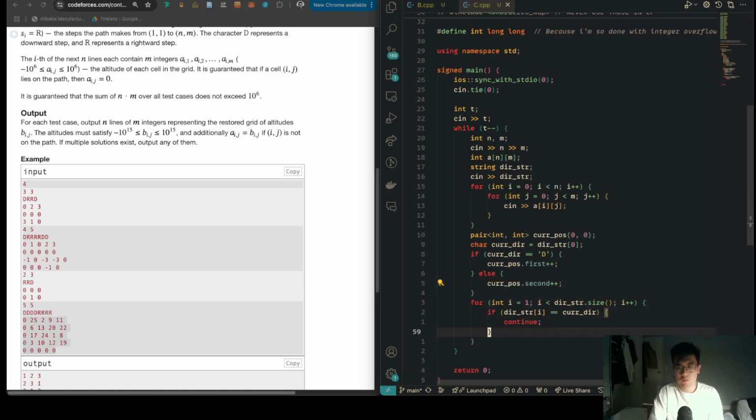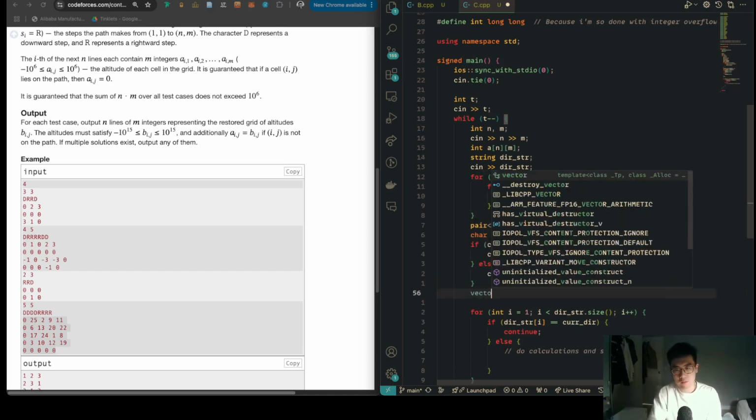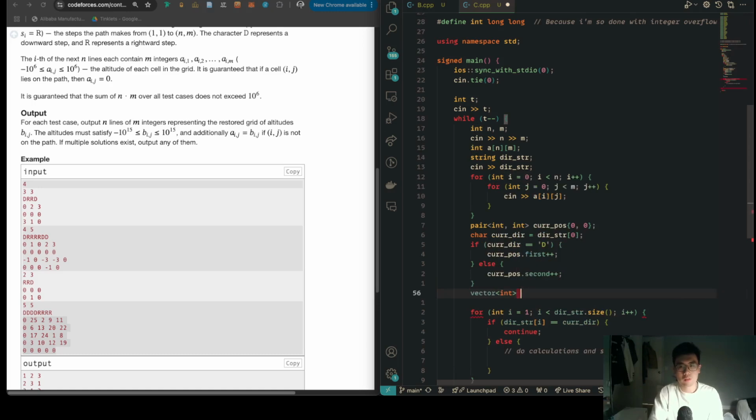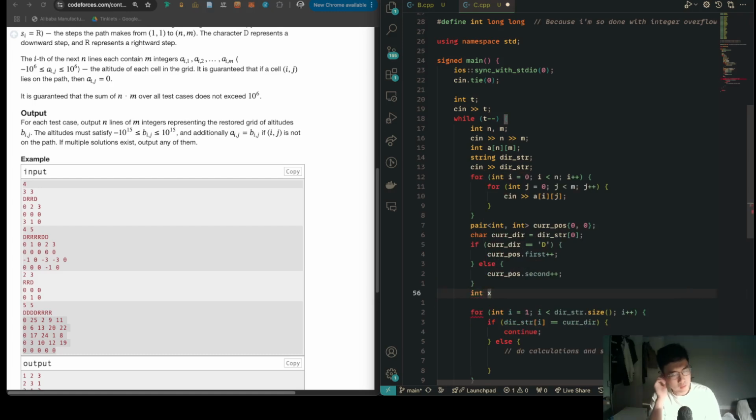Okay. If we're stepping in the same direction, we're going to continue. Else we're going to do calculations and store values, and then we're going to call these x vector and x.